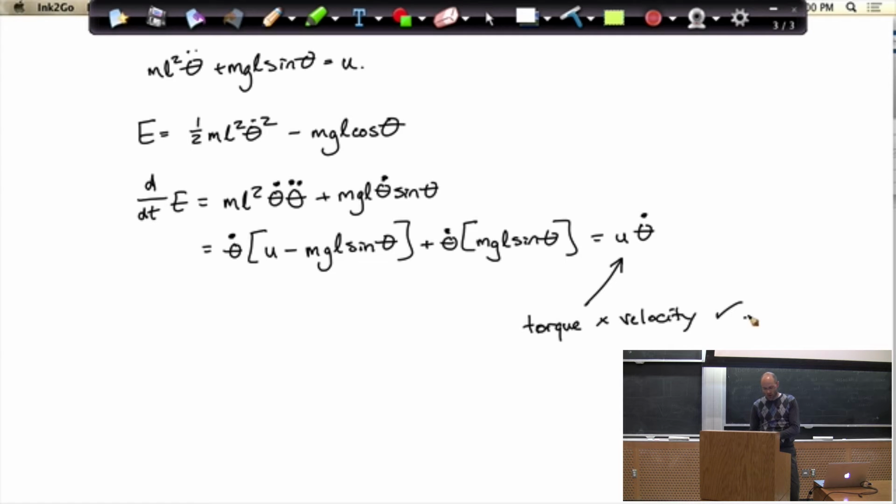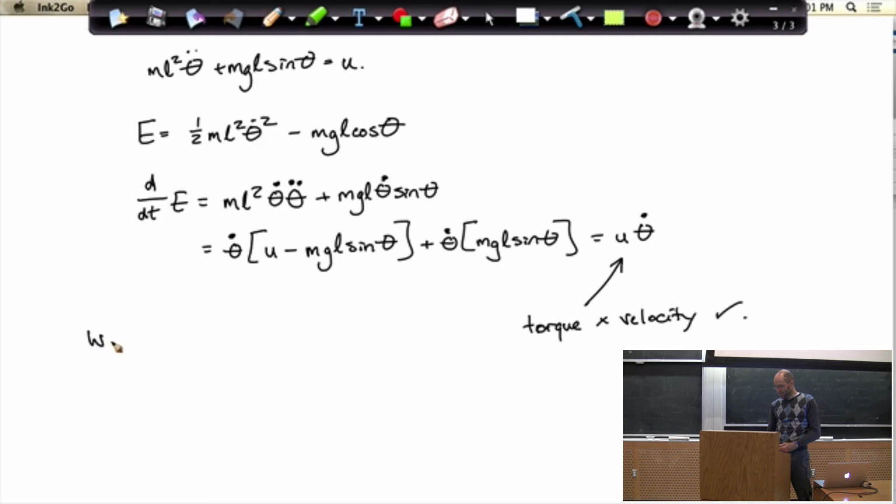Okay, so now we have to think about how are we going to drive the system. We know how to force a change in the energy given some input u. Okay, how do we come up with a nonlinear controller that's going to regulate energy? It's really some very simple idea.